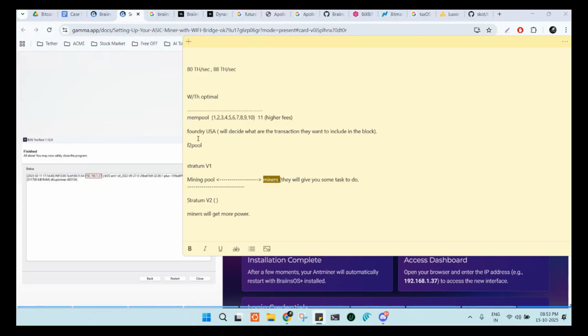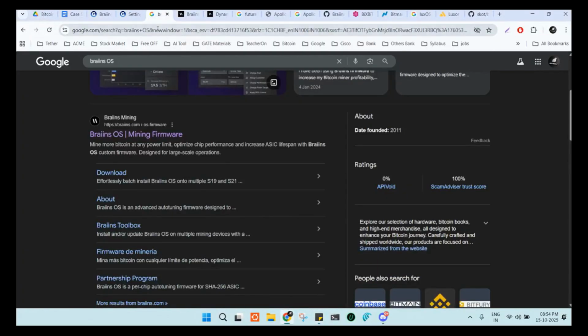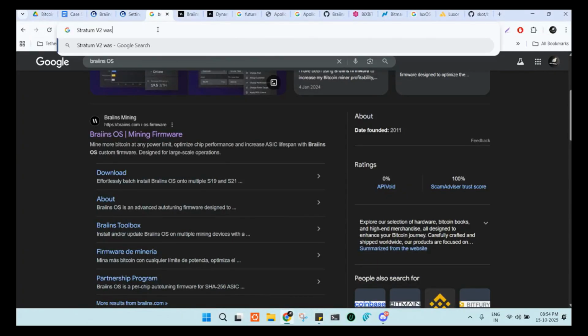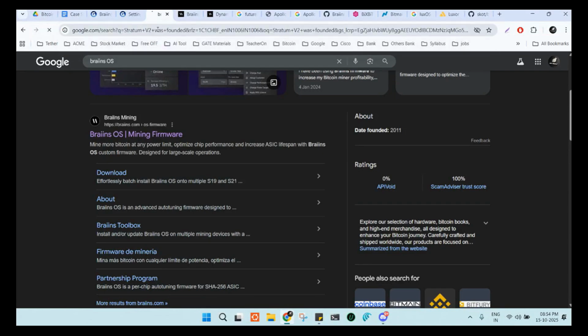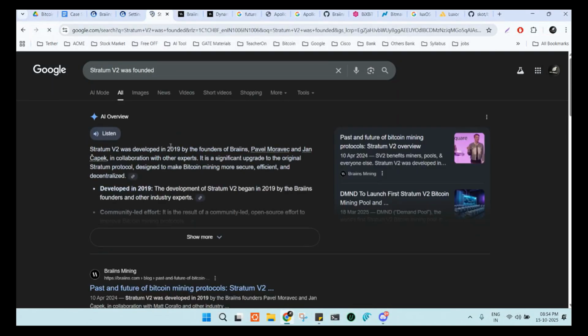That's why they are not even on Stratum V2. When Stratum V2 was founded, it was 2019, and right now it is 2025. Even till 2020 it got stabilized, but people are not using it.